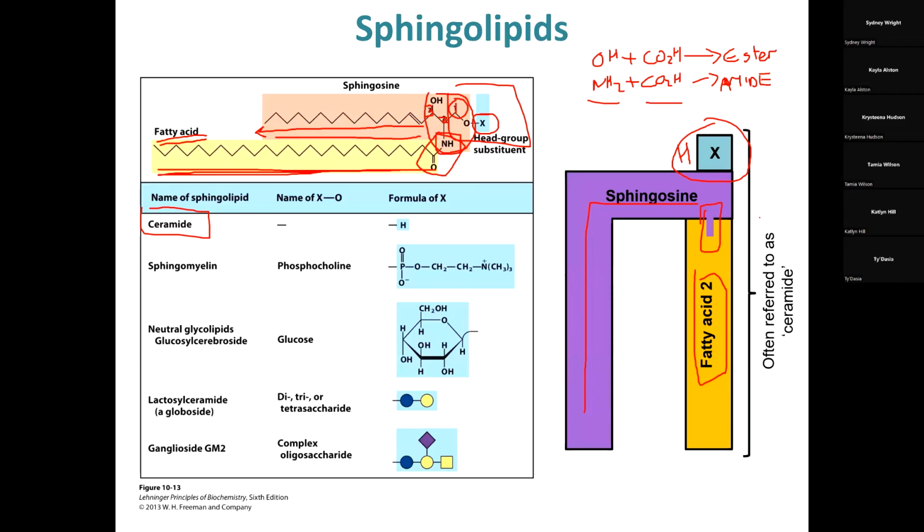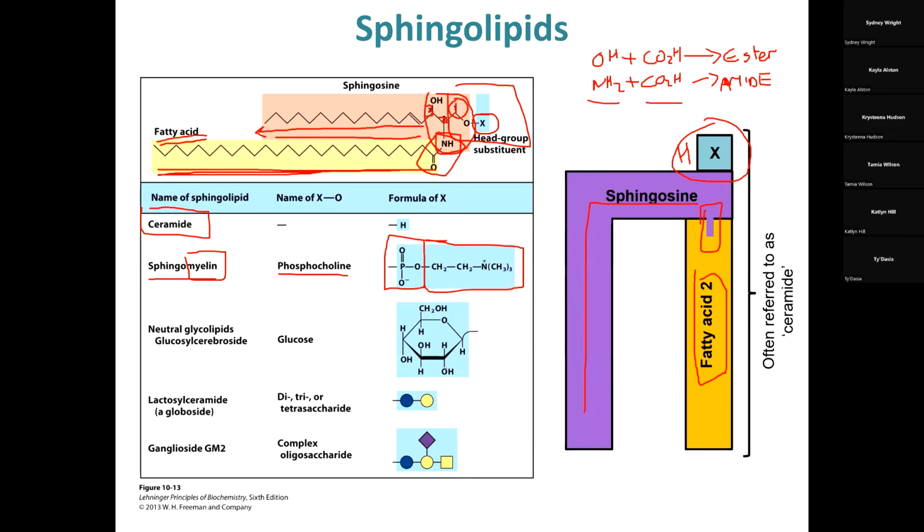When it's just an H, it's often referred to as a ceramide, the ceramide backbone. But instead it can have the phosphocholine, and this makes the lipid sphingomyelin. Myelin is in the myelin sheaths, which wrap around neurons and make white matter in the brain.